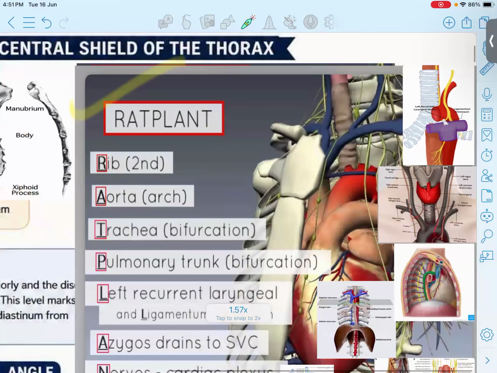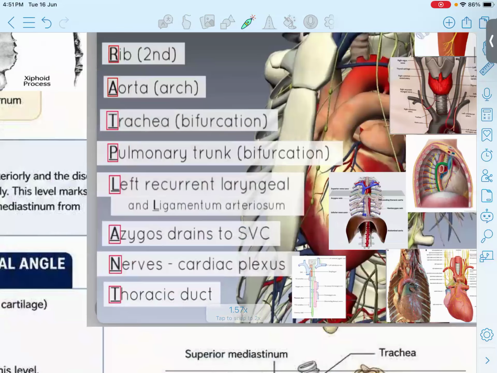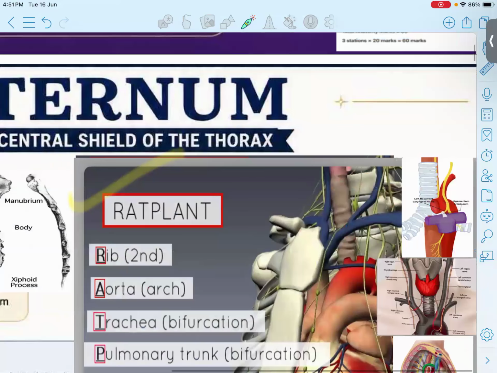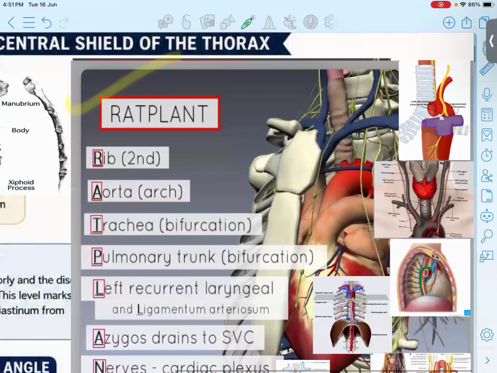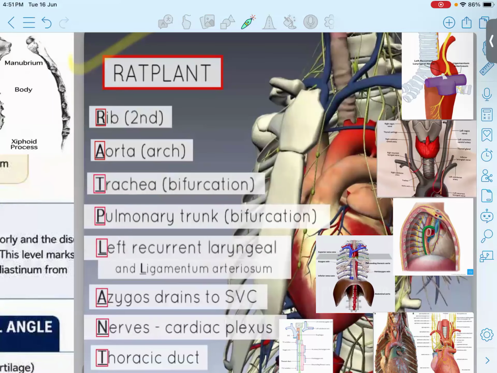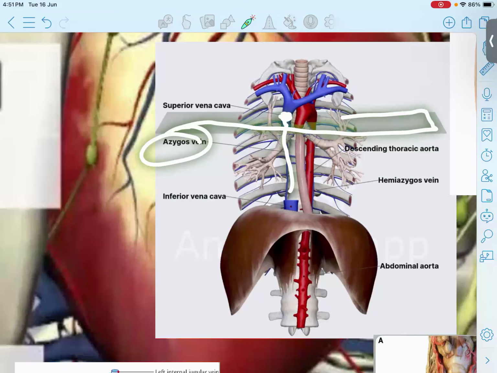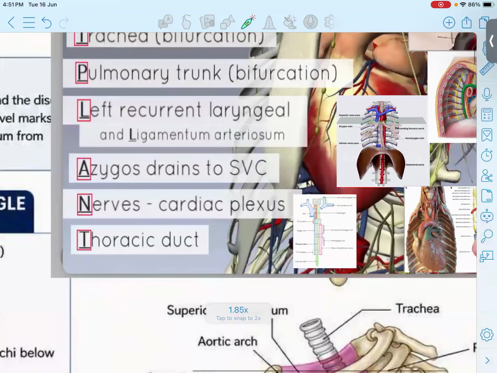Come to the next. A in PLANT stands for azygos vein. The azygos vein drains into the superior vena cava at this sternal angle level. And N is nerve plexus. Which nerve plexus? Cardiac plexus.